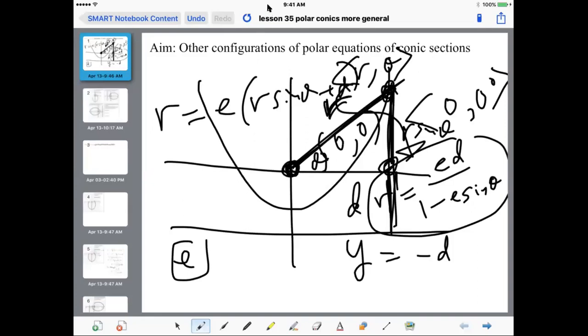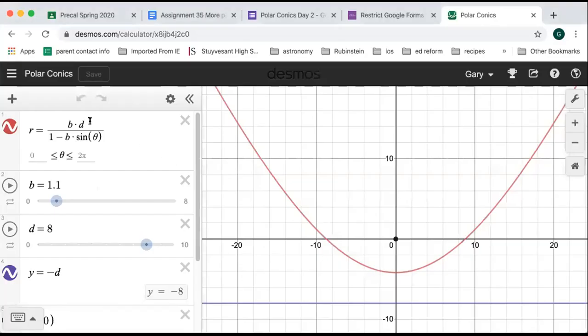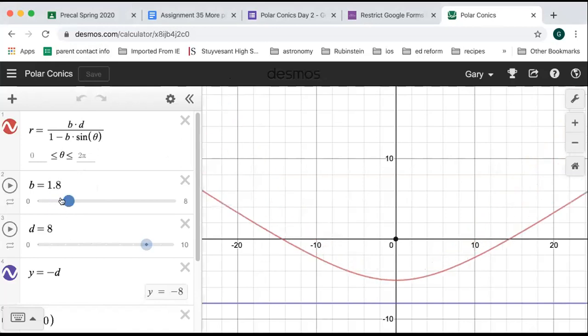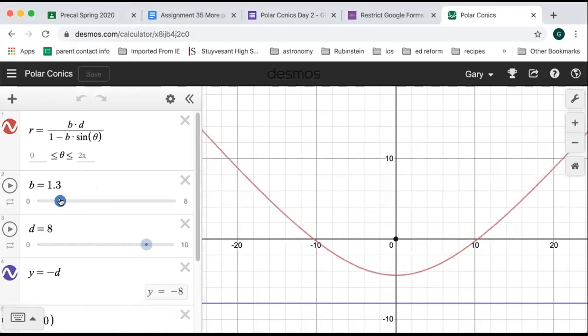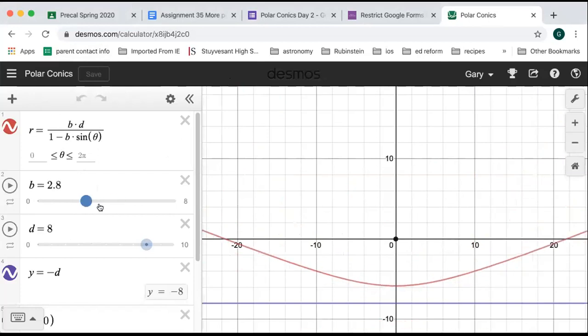Now, I made a sketch for this on Desmos that I showed you yesterday, but I'm going to bring this up again. When we look at this sketch, we have the ED, I called it BD, but that B is kind of like the E, BD over 1 minus B sine theta. And just by changing B, which is really the eccentricity, we get the conic sections, including hyperbolas.